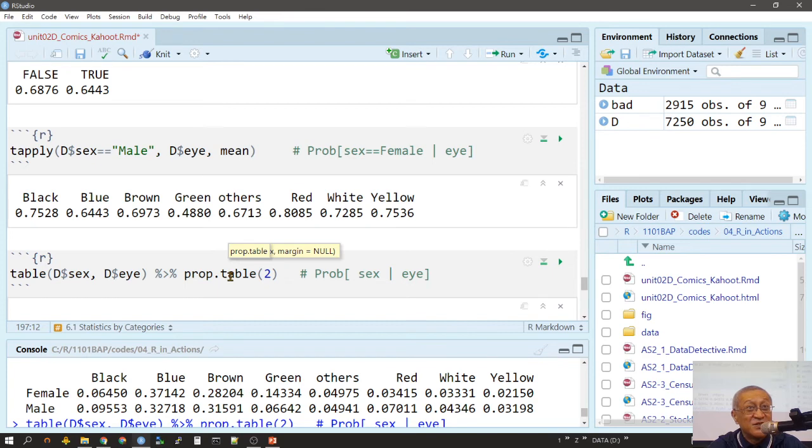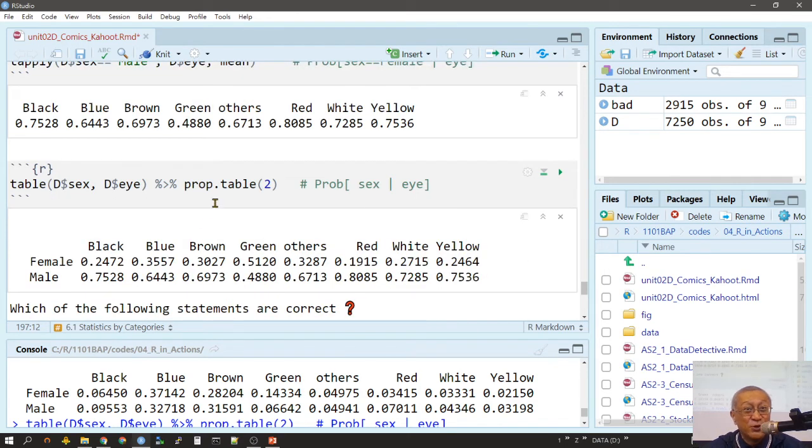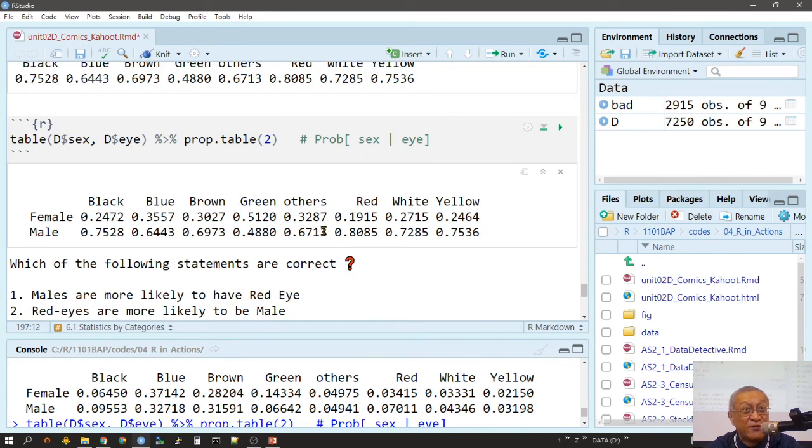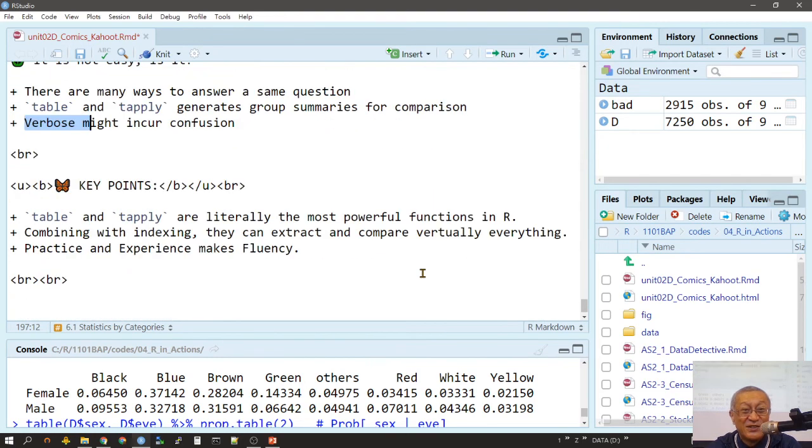If you want to do that, t-apply is better than doing it in table, because t-apply is more precise and clearer. If you do it in table, you need to be careful, otherwise you will do a wrong comparison, isn't it?